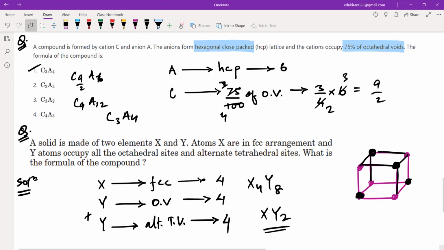Okay, so let me show you one photo where you can see the tetrahedral voids more easily.